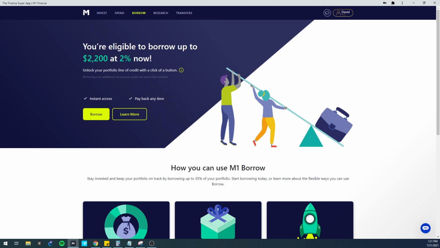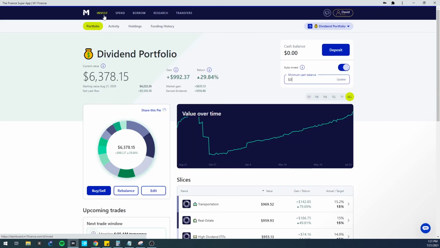Especially if you have a really low risk portfolio like I do. 10% lower than what I have in my portfolio, and that is what I would borrow against. So right now I can borrow $6,300. Well, I would lower that significantly. But yeah, that's the borrowing section.